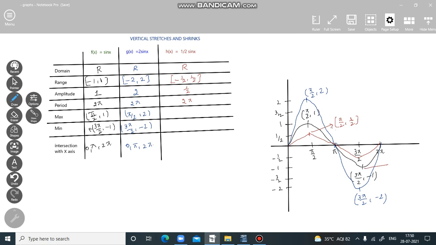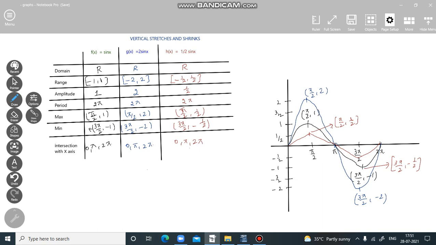And for this point it will be 3 pi by 2 comma -half. So the maximum is pi by 2 comma half and the minimum is 3 pi by 2 comma -half, and the points of intersection with the x-axis will not vary because the period is the same: 0, pi, 2 pi.